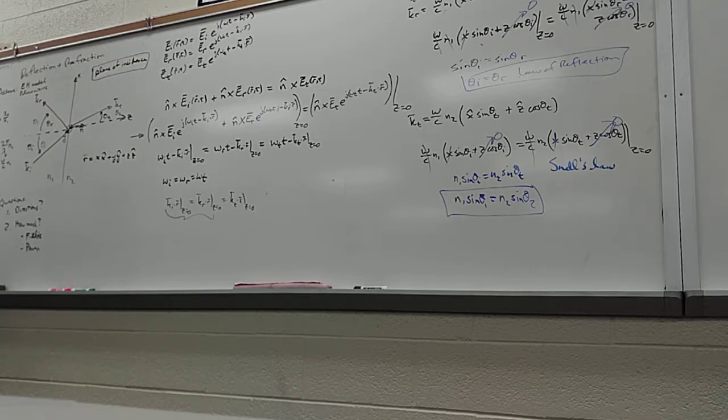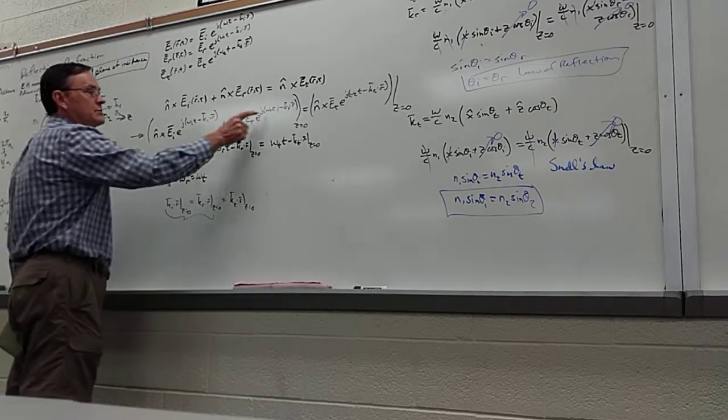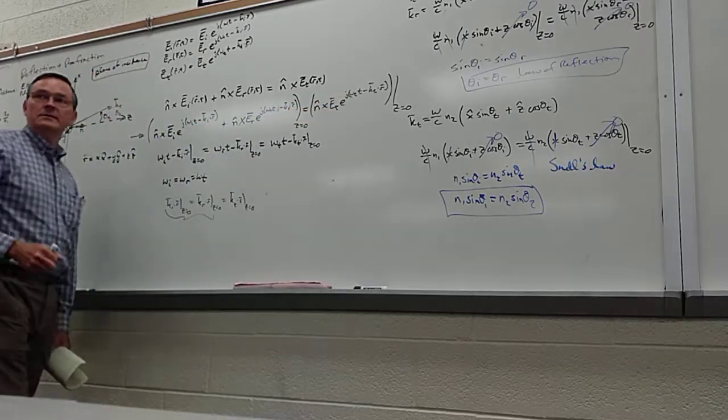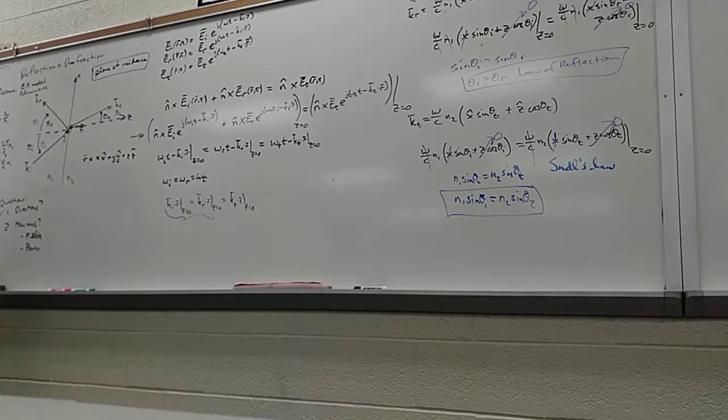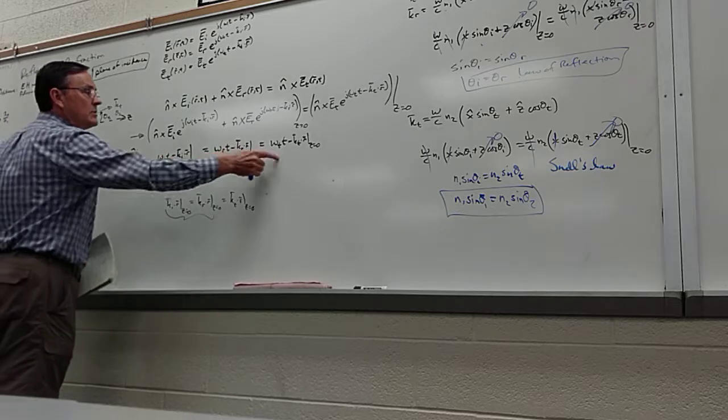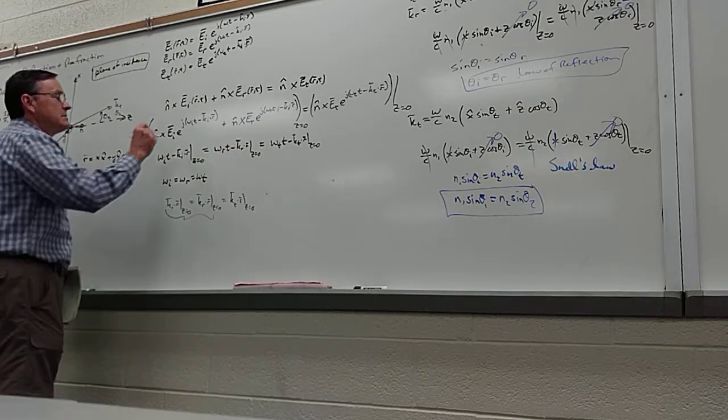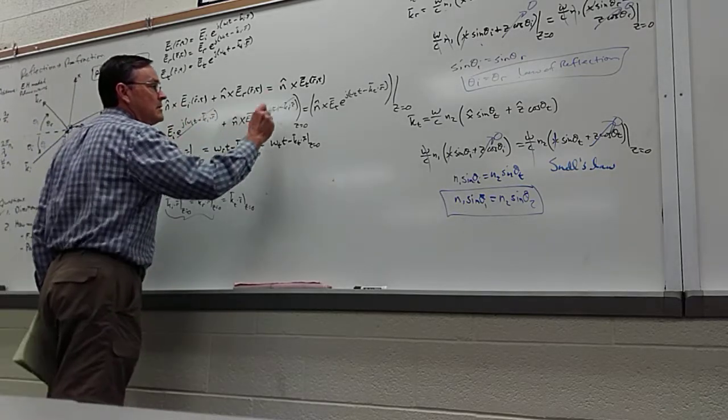Okay, so notice we just answered our first question: what directions do the reflected and transmitted waves go? And we answered them by only looking at the phase terms in our expression for the boundary condition, and by saying that these things are equal, notice that means these guys cancel out.